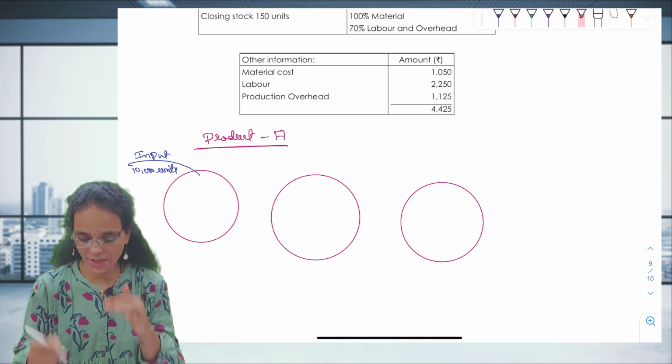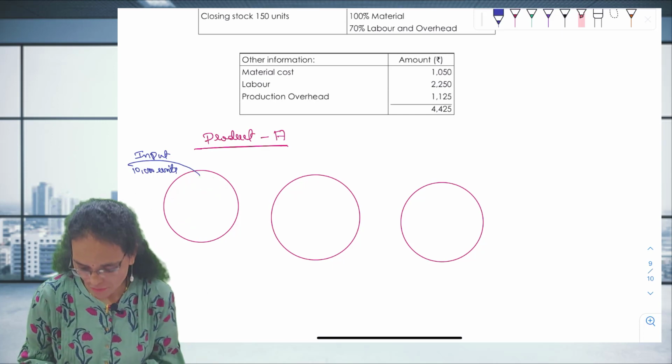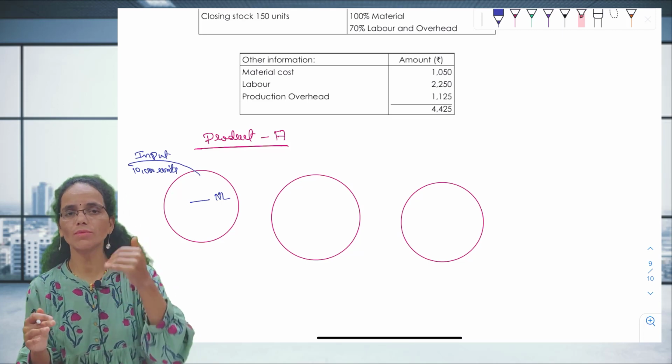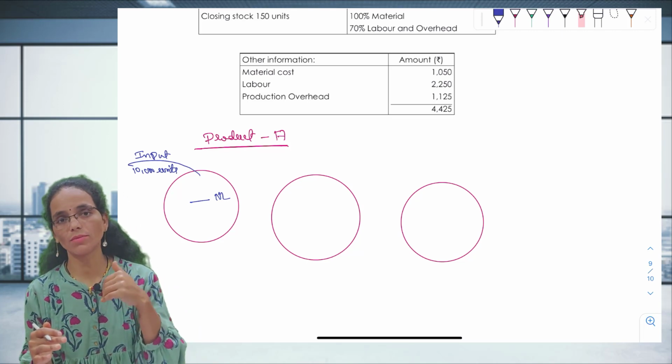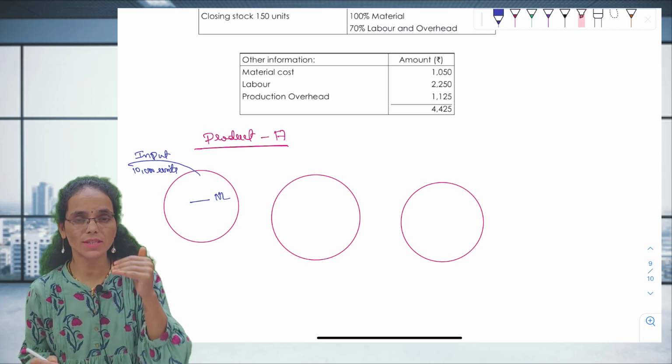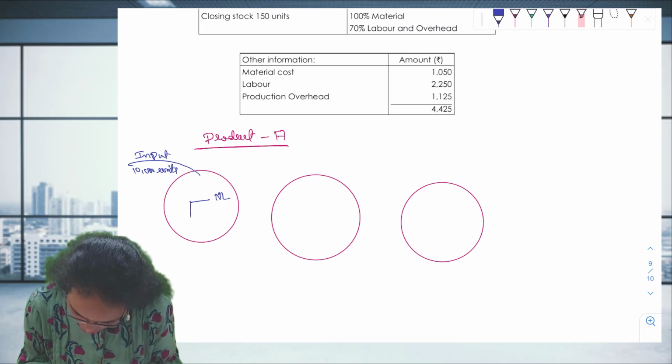During that process, some units will be lost. Those units are called normal loss units. Sometimes there will be abnormal loss and sometimes abnormal gain also. After taking this into consideration, these units will be transferred to the next process.